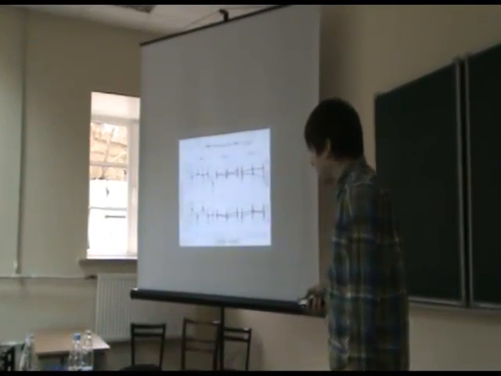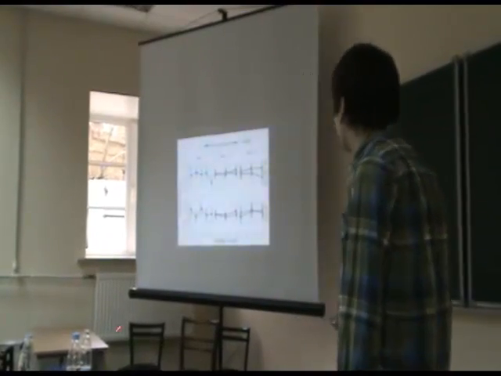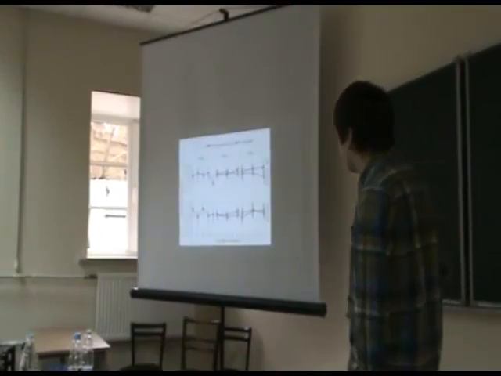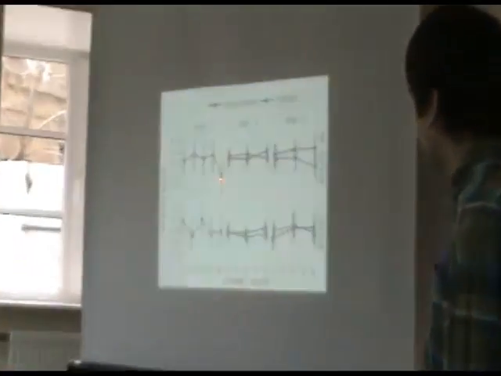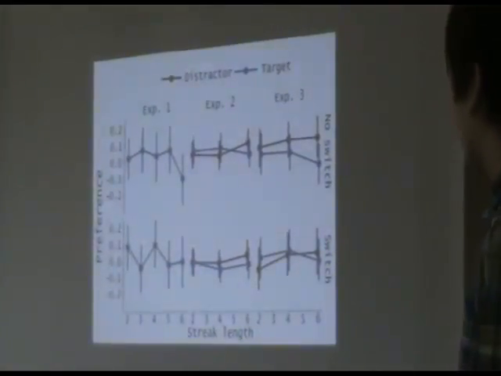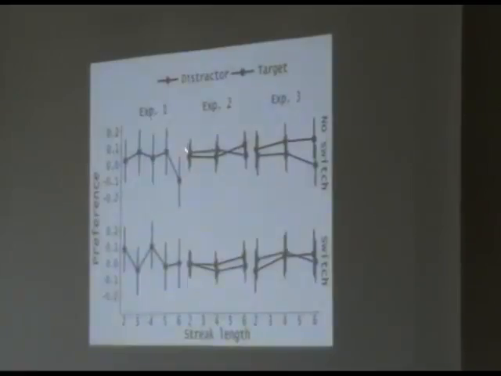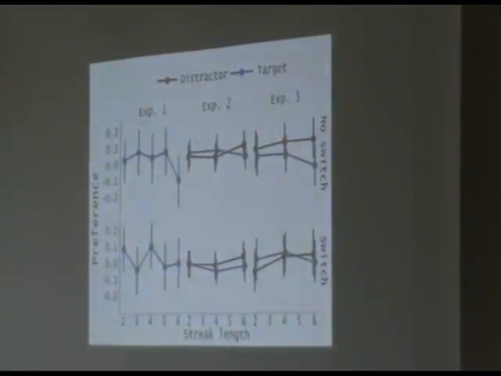We didn't get anything with the preferences. Here, for example, is the first experiment where the subject rated targets only. You see that the strip length has no clear relationship with the rating of the target item. Similarly, there is no difference between the switch and no switch condition.